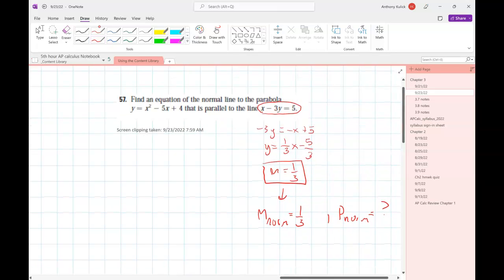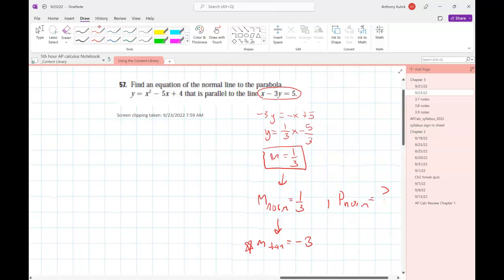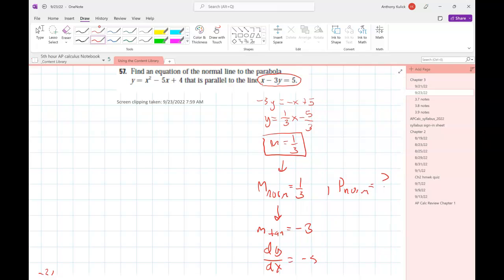So this tells me if the slope for the normal line has to be 1/3, the slope for the tangent line has to be -3, right? They're negative reciprocals. That's going to allow me to find where the derivative is equal to -3.